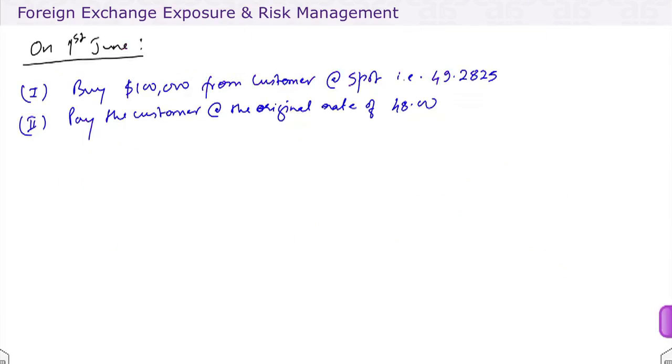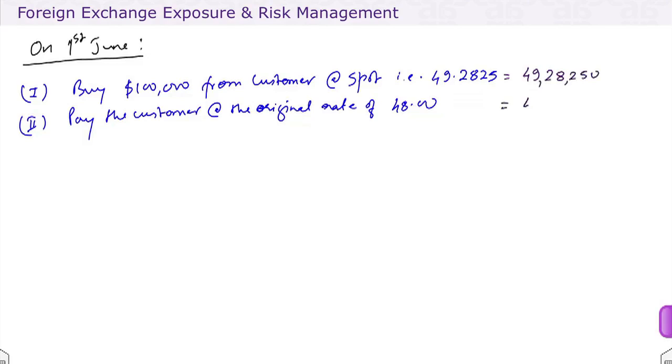So what is happening in this case, if we see these 2 steps, here you have 49.2825 into 1 lakh, so 49 lakhs is what you're getting in this case.